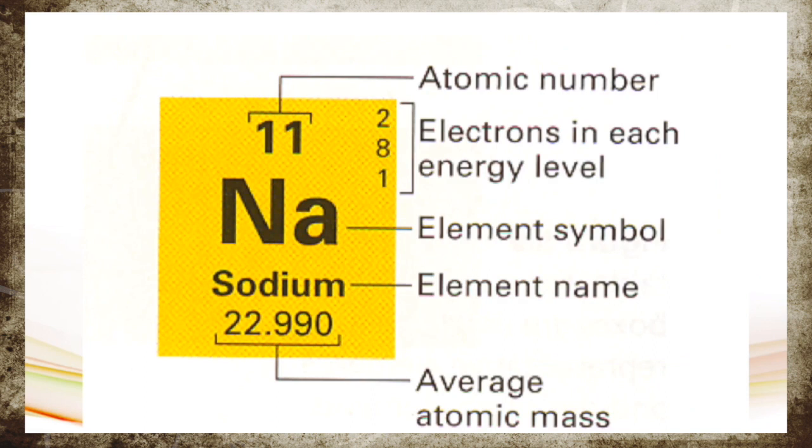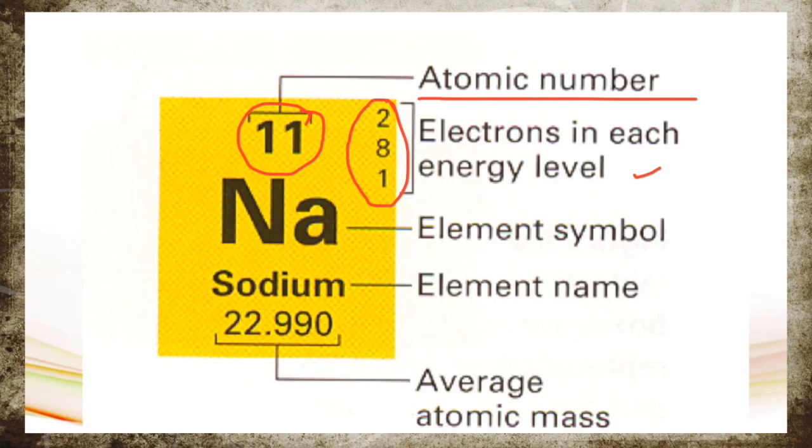Now, how are the numbers and the letters being interpreted in each box that we see in our periodic table? The number on top is our atomic number. The number on the side is the electrons in each energy level. This is what we call the electronic configuration.